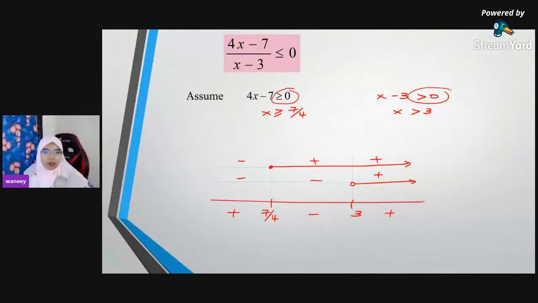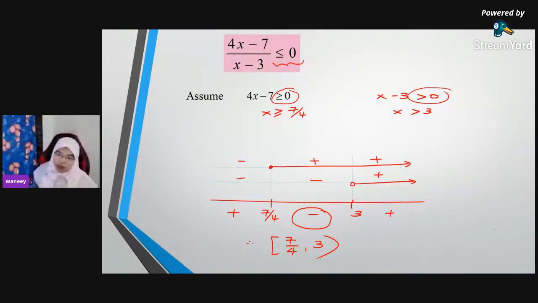So I do want something that is less than 0. So we are looking for a negative answer. So this one, it will give us 7 over 4 up until 3. So one close, one open. Okay, so that is for the left hand side.